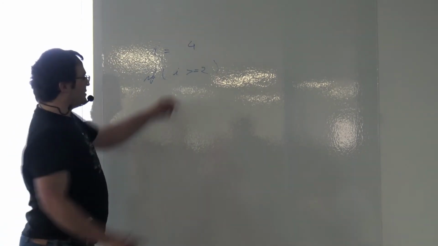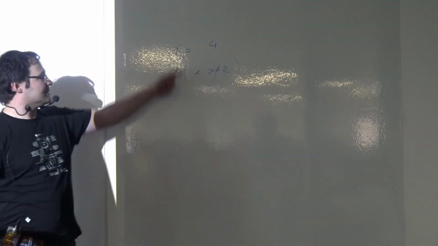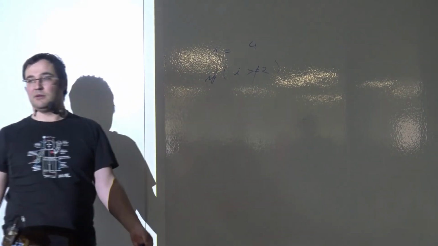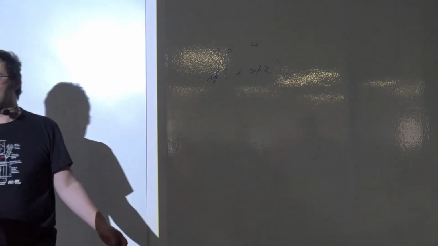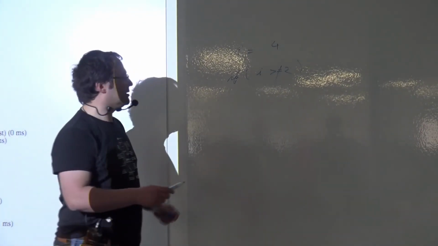So changing this won't make a difference because i will always be bigger than 2. And the tooling detects that and says, well, this is an equivalent mutation to the code, so let's not bother with that. It doesn't run them.